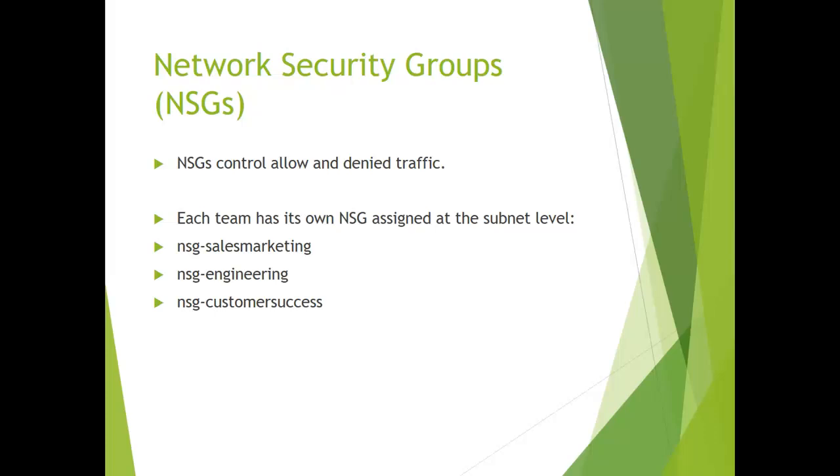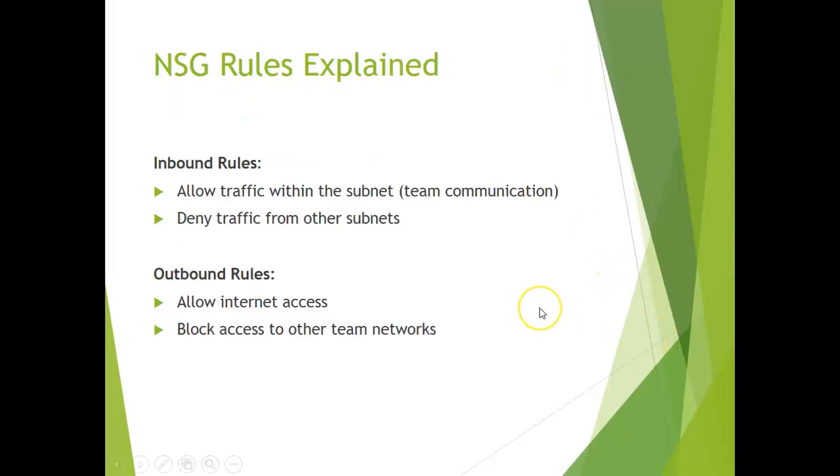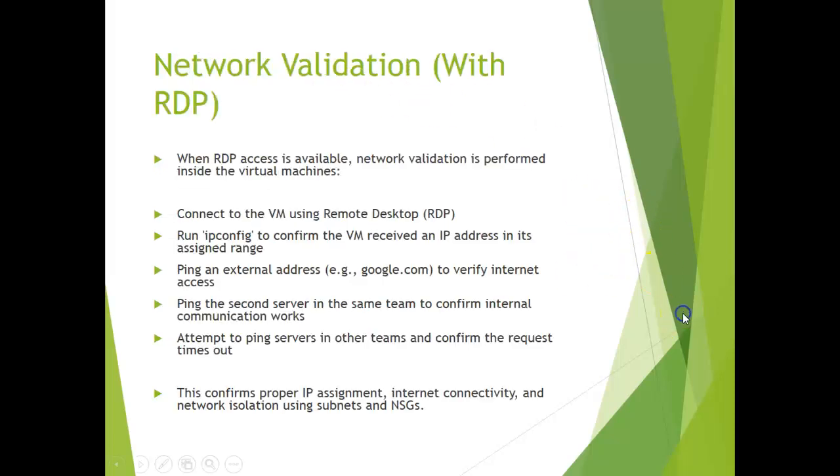At the same time, rules will deny traffic between different departments' subnets, preventing cross-team access. So this configuration ensures that the sales and marketing, engineering, and customer success environments remain fully isolated from one another.